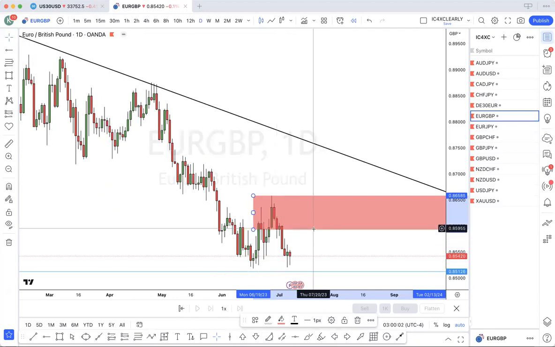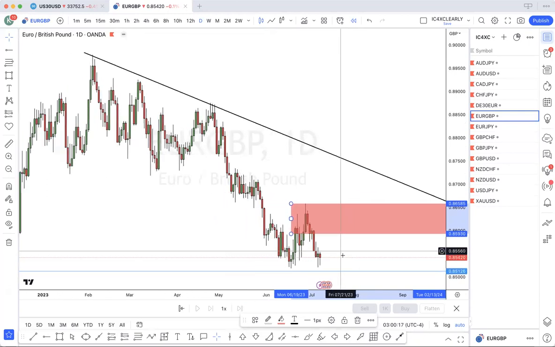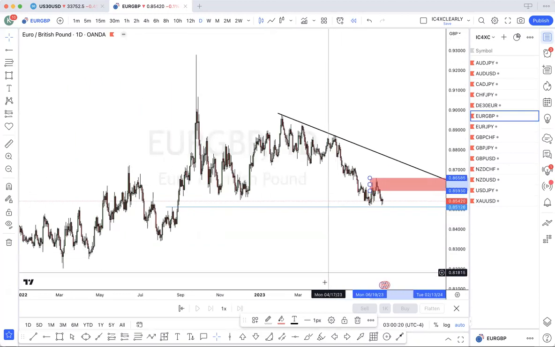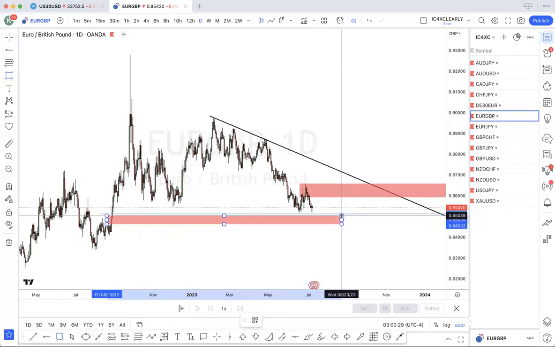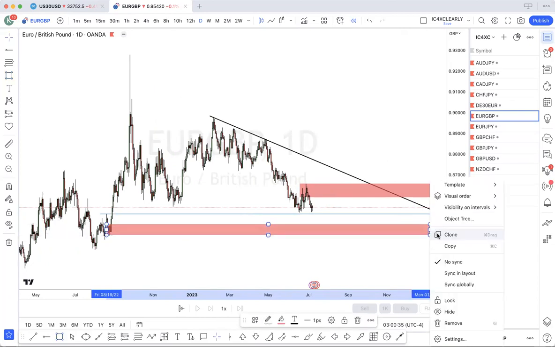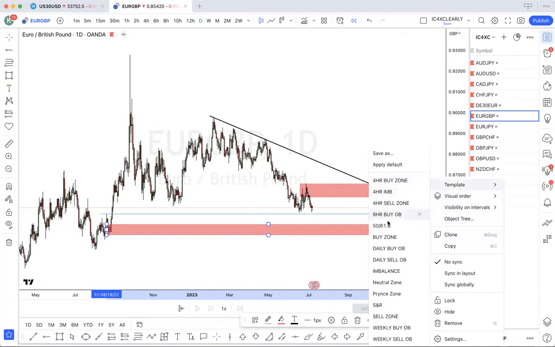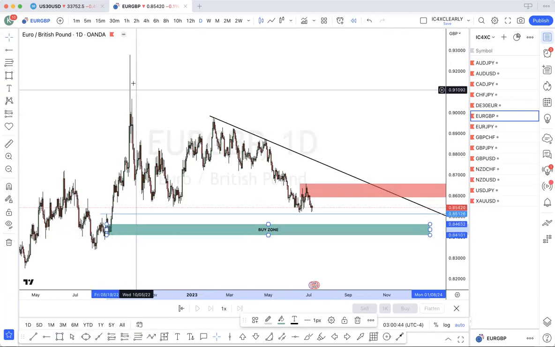So price could pull back into this order block here or this imbalance, and continue selling down to this zone here, this order block here, because this was an expansion move.